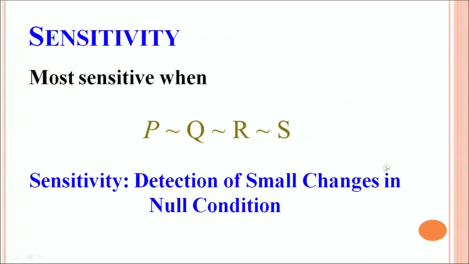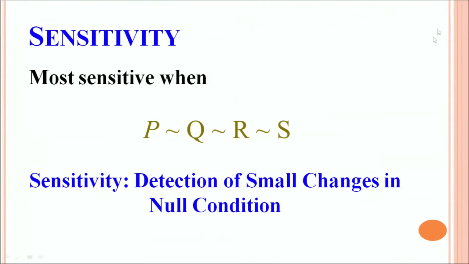Now, you also define a very important parameter, and that is called the sensitivity of a bridge. What is meant by sensitivity of the bridge is that if you make small changes in your null condition, is the bridge able to sense or detect that change? If it is able to detect smaller changes, we say the bridge is more sensitive, and that is certainly a desirable feature of any bridge.